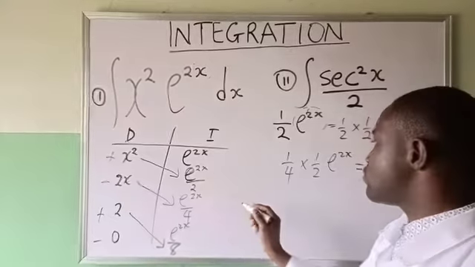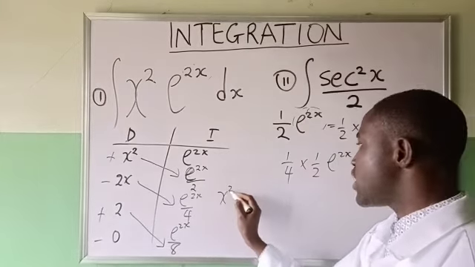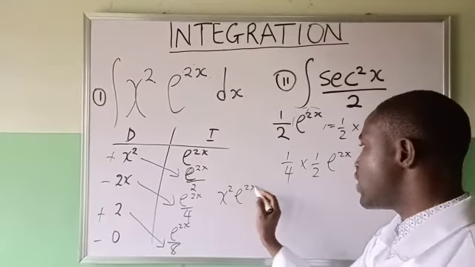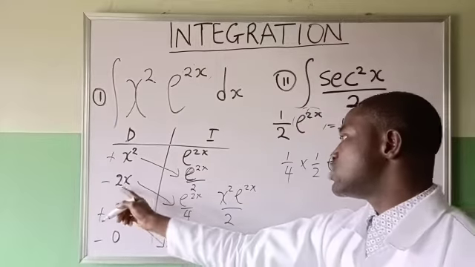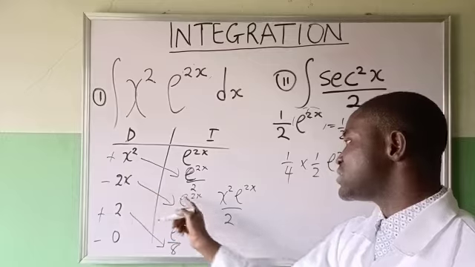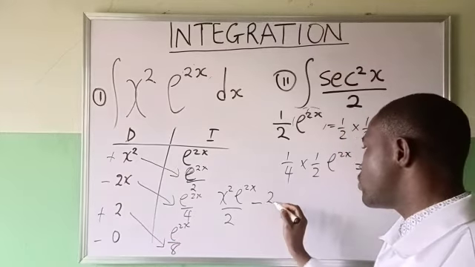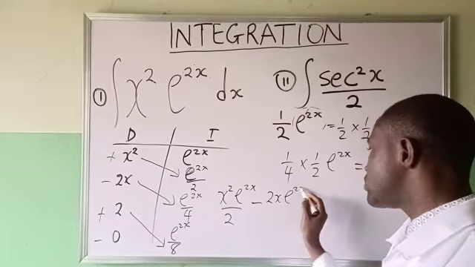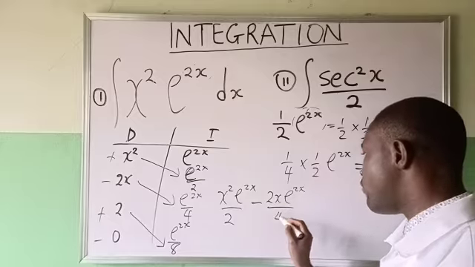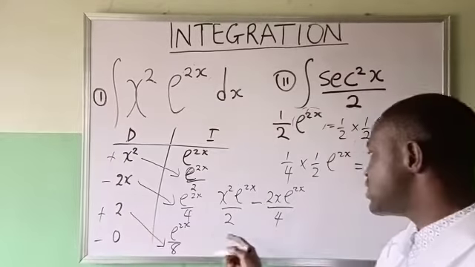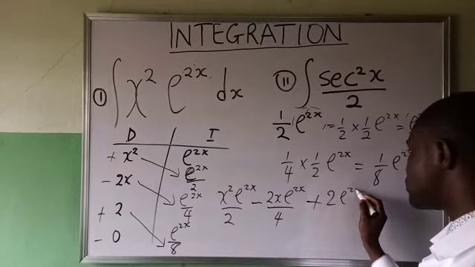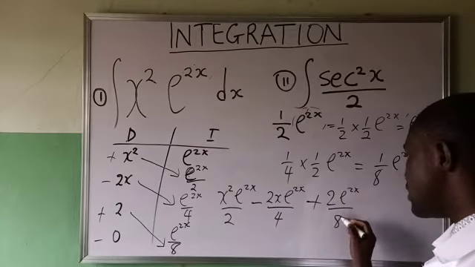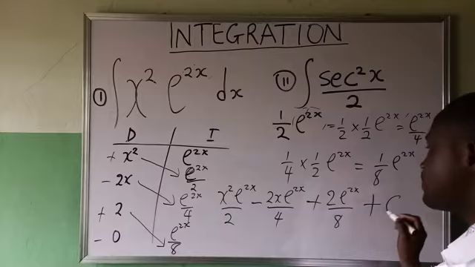This times this will give me x squared exponential 2x all over 2. This times this, 2x times this, will give me minus 2x exponential 2x all over 4. 2 times this gives plus 2 exponential 2x all over 8 plus c.